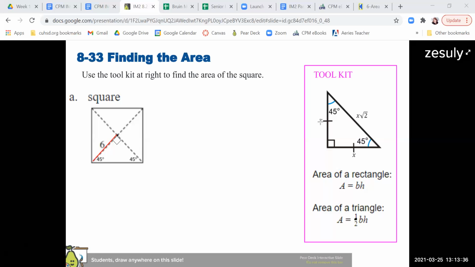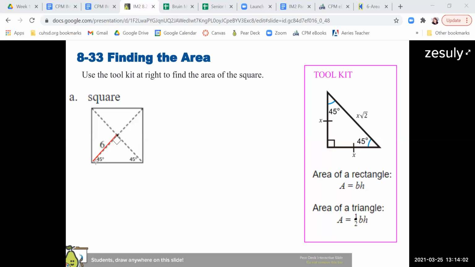So that would make this 6. So the hypotenuse of that would be 6 root 2, which would be the side of the square. You could totally go that route. But I'm going to show you a different route that might be more useful when we get into polygons that have more than 4 sides. So I'm going to show you a new approach to finding the area of the square.